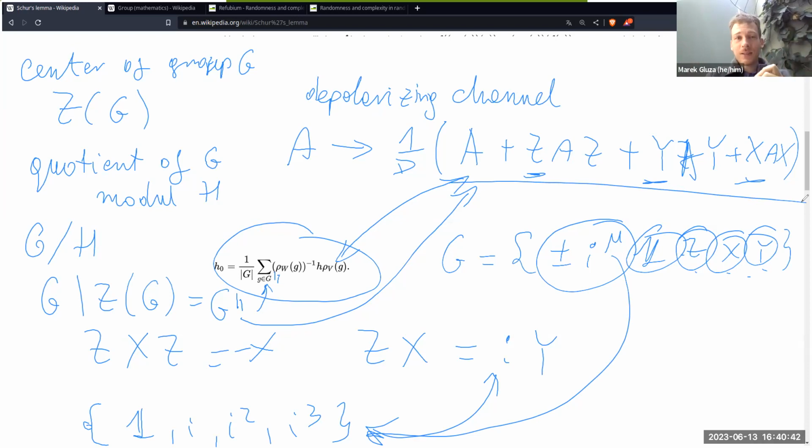I think you can view the depolarizing channel as Schur's lemma averaging over a group where you use this quotient construction modulo the center of the group. So if you study undergraduate group theory in mathematics, I only read some textbook once a bit, and so I don't remember it carefully. But back then I wasn't so sure about those quotients and centers. It was quite abstract. And that's a very nice application, I think.